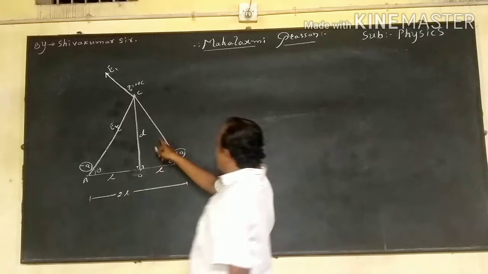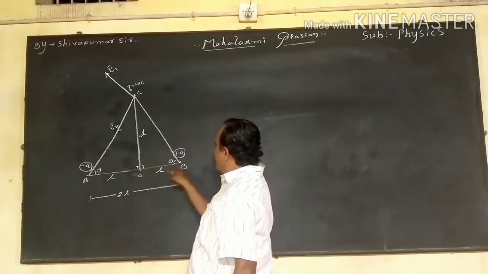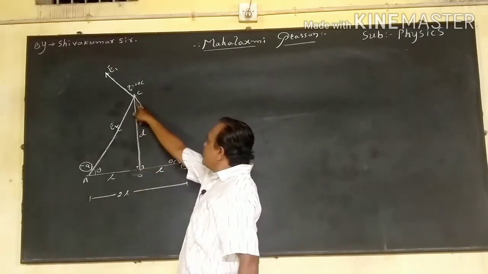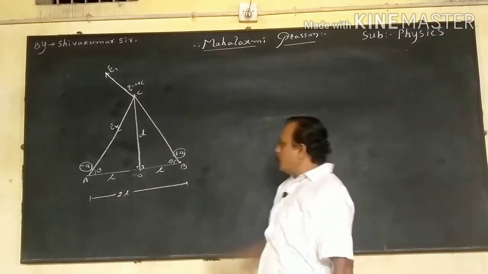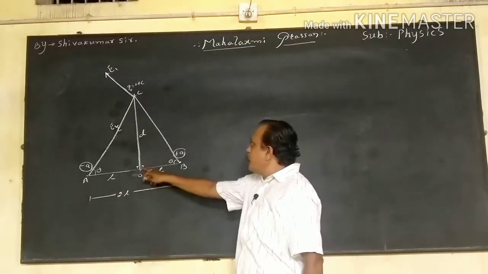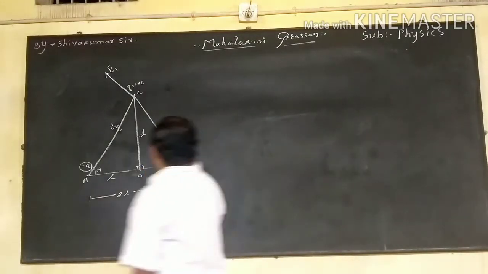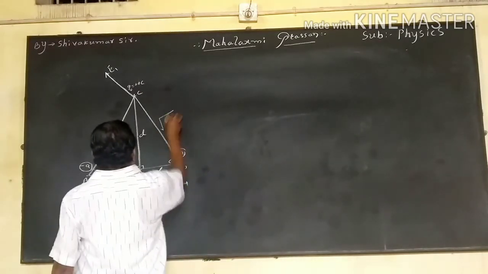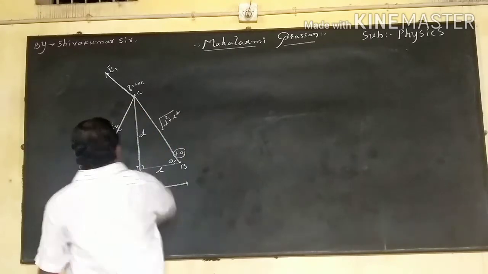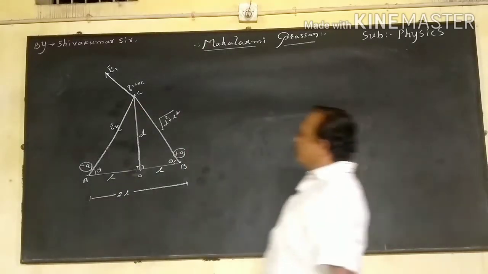According to Pythagoras theorem, BC square equals OB square plus OC square. So BC equals under root of OB square plus OC square, which is under root of d square plus L square. Isn't it?